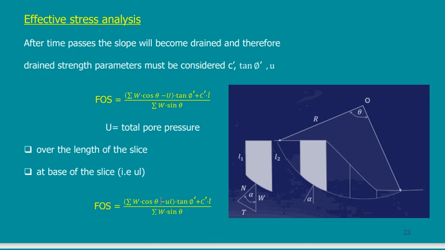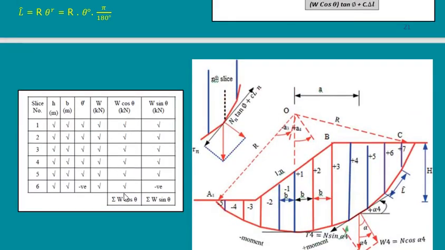Anyway, when we go to the example, it will be very clear, but you have to know that in any analysis, for W cosine, you are using the angle next to the force. If this is W and this is theta, then this is W cosine and this is W sine, and so on if theta is the other one.